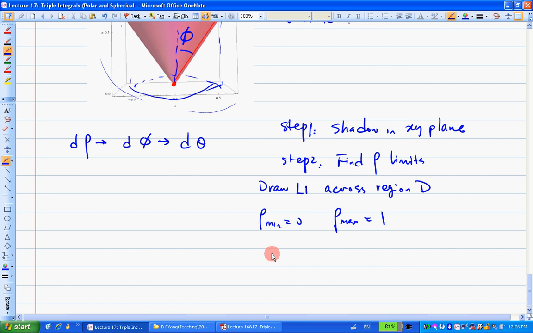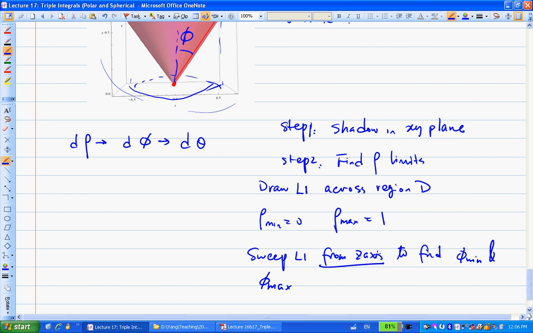So sweep L1 from the z-axis to find phi min and phi max. The keyword is you always start from the z-axis.